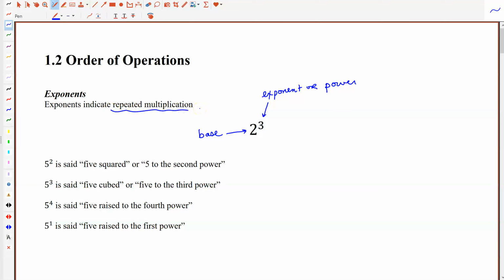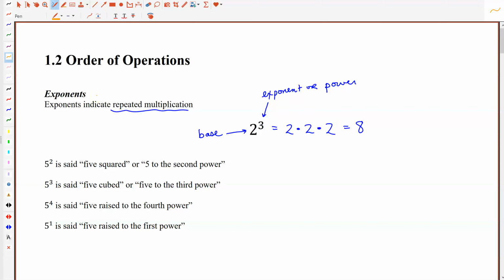In this example, I have 2 as my base and 3 as my exponent. So this says I want to take 2 and multiply it by itself 3 times. To simplify, you would write it as 2 times 2 times 2, which is 8. Be very careful when you're working with exponents.